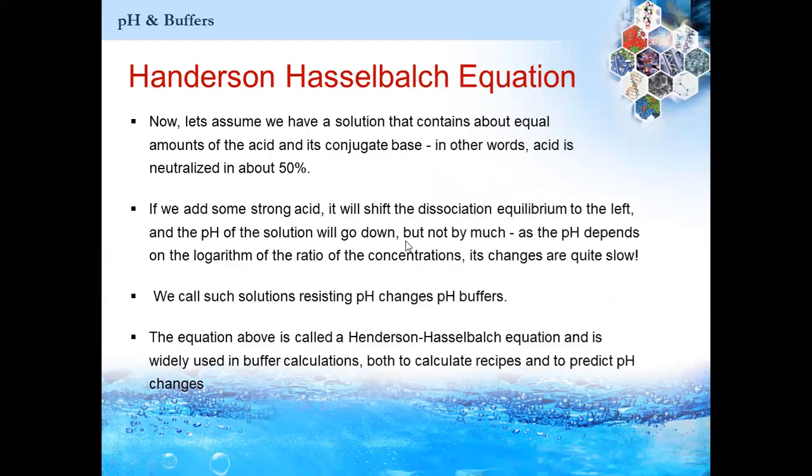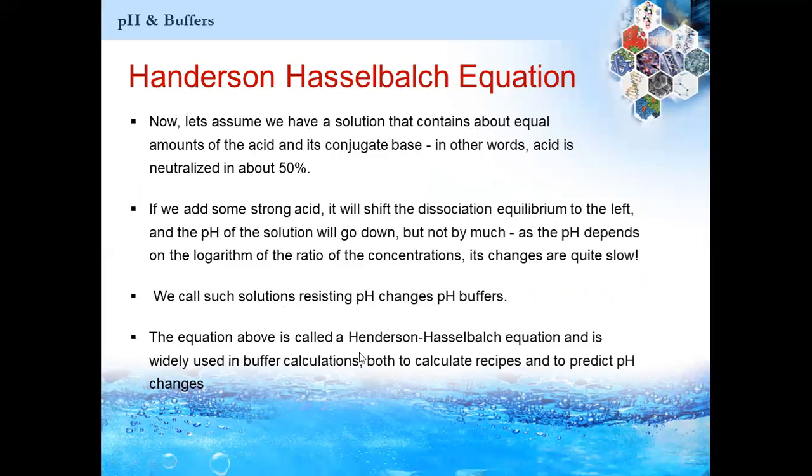Now if this happens, the cell will enter into a phase of acidosis, and in that situation come to the rescue the buffers, which are the solutions which resist the changes in pH.